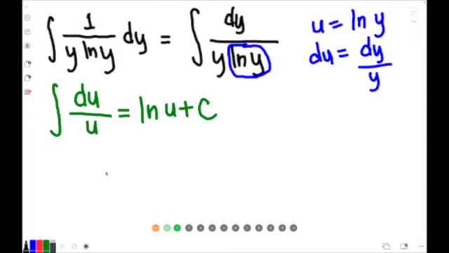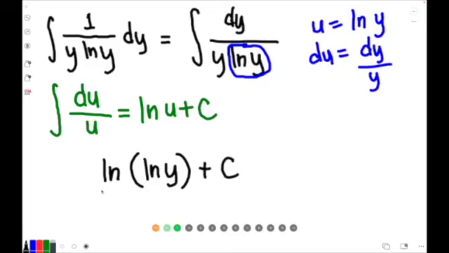Our answer must be ln of u, which is in this case ln y. So ln of the ln of y plus our constant of integration. That would be our answer for this one.